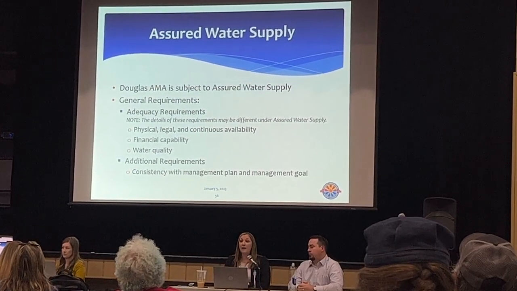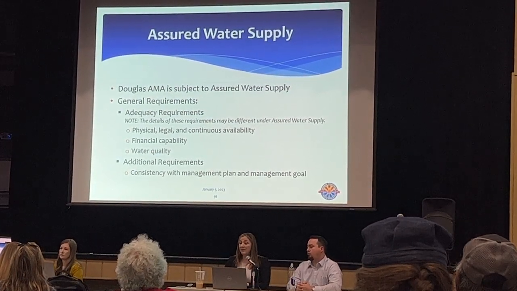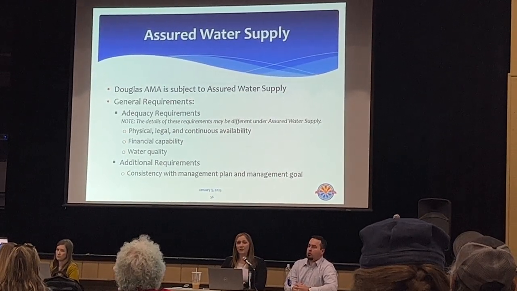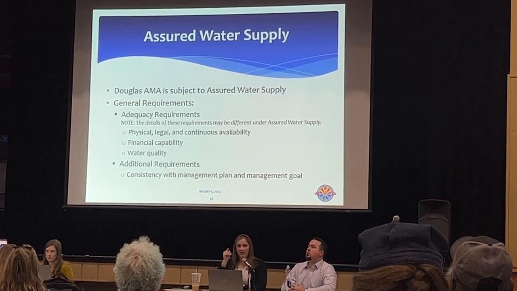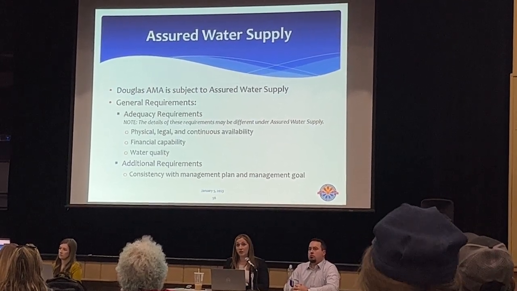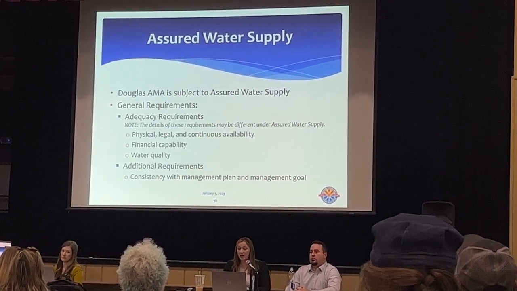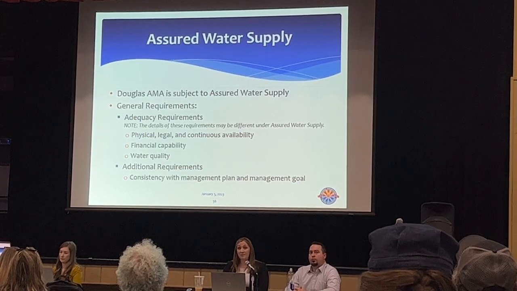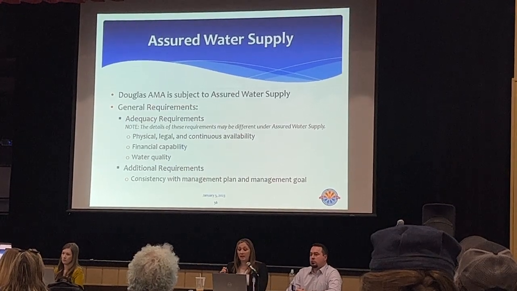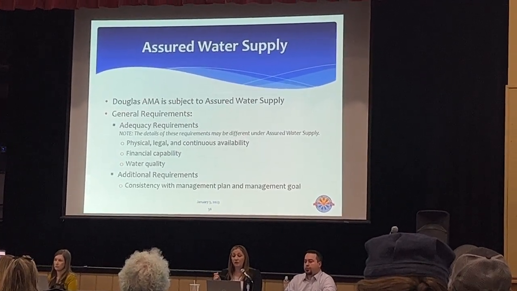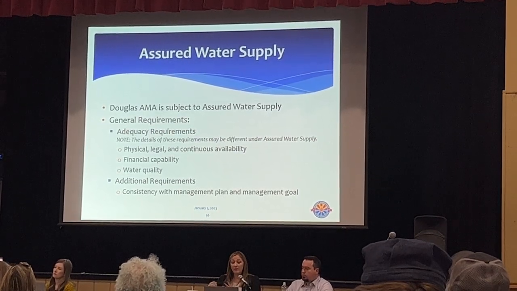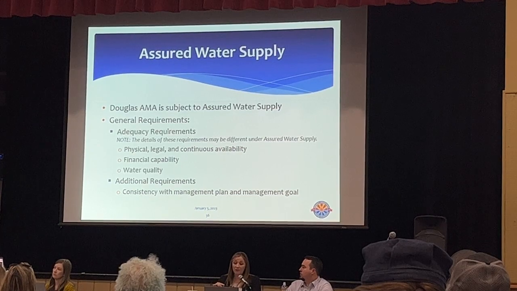As an AMA now, Douglas is subject to assured water supply, which is similar to the tiered requirements for statewide, IMA, AMA. This is a second tier of additional requirements in addition to those adequacy requirements. So in order to obtain a permit for a new subdivision, a developer would need to demonstrate physical, legal, and continuous availability, financial capability, and that the water is of adequate quality.